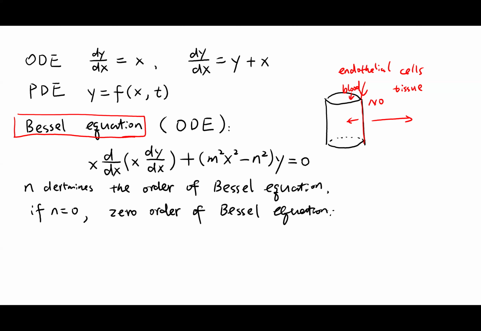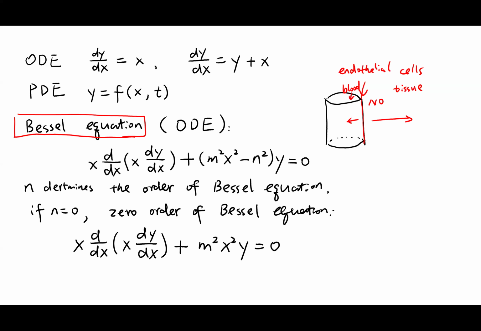If n equals 0, what we get here is x d/dx of x dy over dx plus m squared x squared y equal to 0. Okay, so this is called the 0 order Bessel equation.